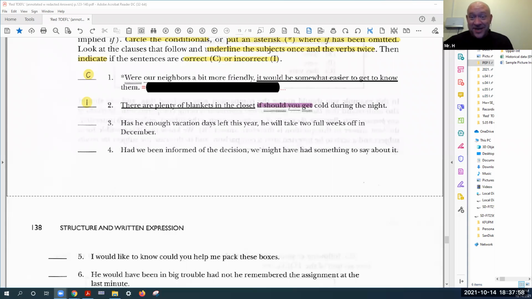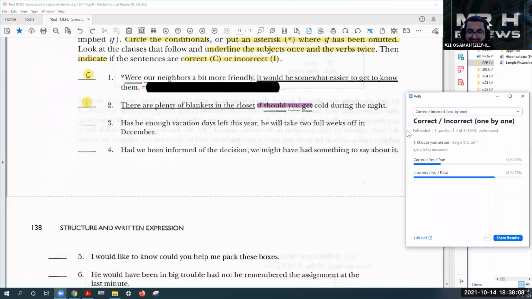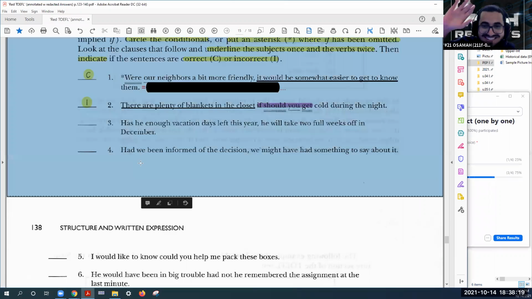Everybody got it? Is it too easy? You sure about that? It's so easy. Remember last night when Rita said it was so easy? Are you sure? Let's see. Okay, Al Harbi, you want to do this one? I want to explain. Okay. I'll let you do the next one.